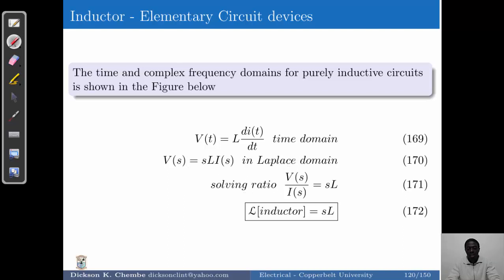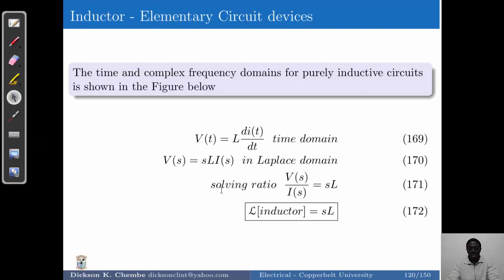When we take the ratio, voltage divided by current, the I(s) cancels out and we remain with simply sL. So the Laplace of the inductor is equal to sL.